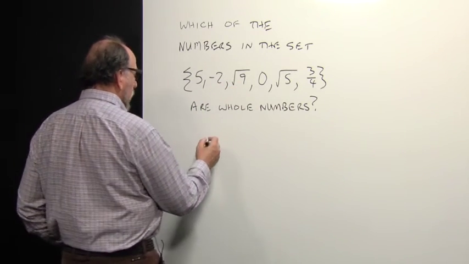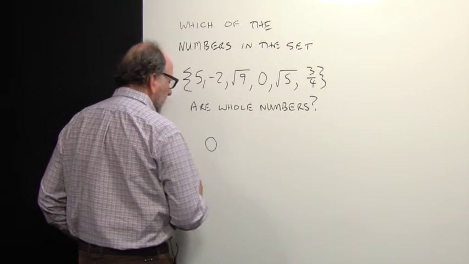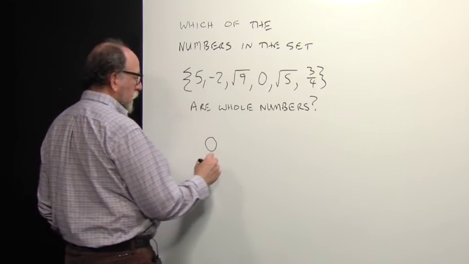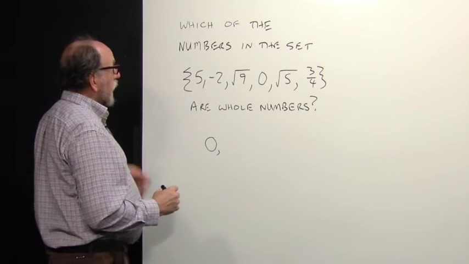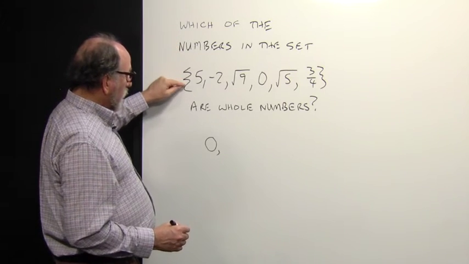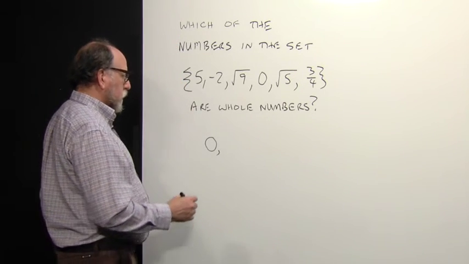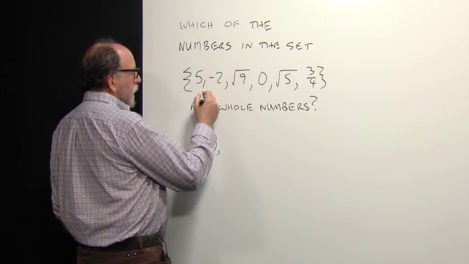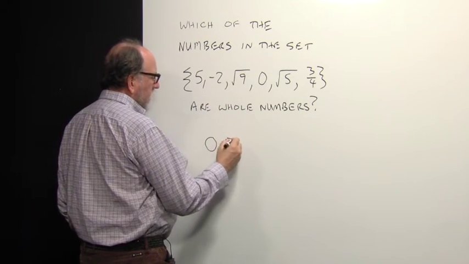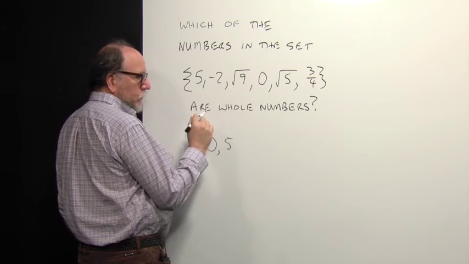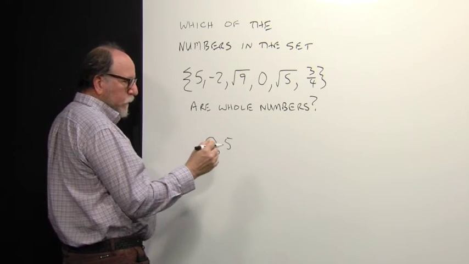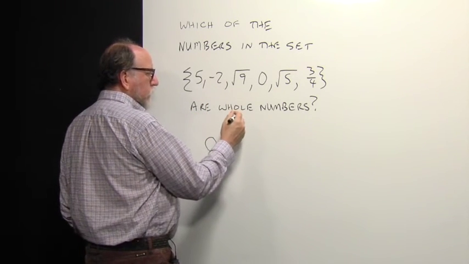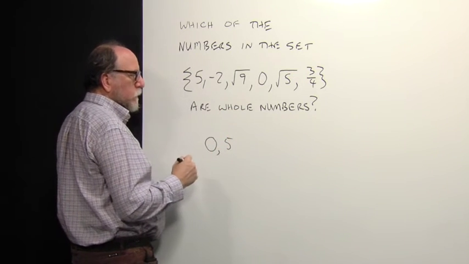Well, certainly 0 does. That's one of the answers. And we're not asked to write a set of numbers from this set, just answers, so we're just writing them out. 0 is one of them. 5 is another, but -2 is not, because negative numbers are not whole numbers, they're integers.